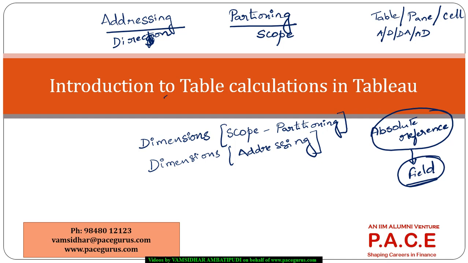We are not saying down, across, because sometimes if the data presentation changes, the rows become columns, columns become rows, probably our entire computation is changed. But here, because we are referring to specific fields, even if I transpose them, change the rows into columns and columns into rows, nothing is going to happen.